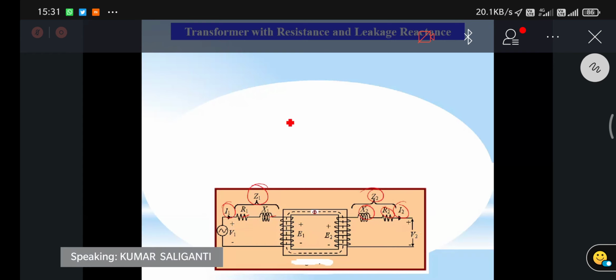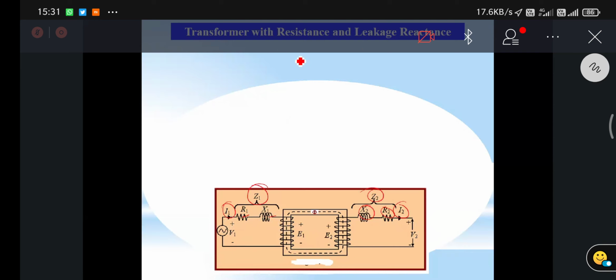First the transformer with resistance and no leakage flux, then with resistance and leakage flux, and after that with resistance and leakage reactance, R1 X1 and R2 X2 both.